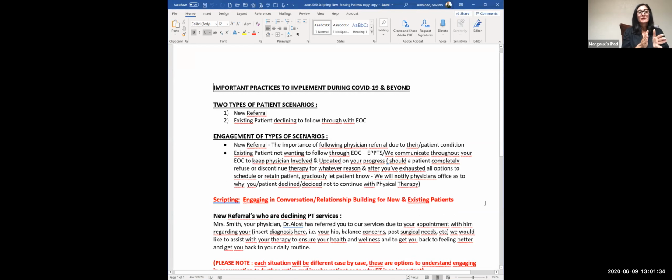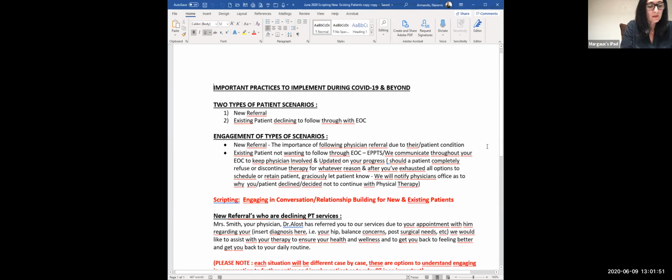And there are two different types of scenarios that we're dealing with right now, and we have been: the new referral patient, and then the existing patients that are declining to follow through on their episode of care.